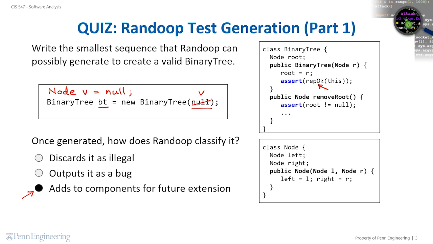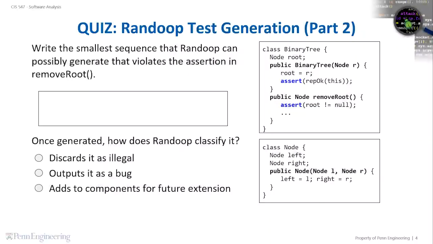The smallest such structure has a root node, both of whose children fields point to the same node. To generate this structure in Randoop, 3 method calls are necessary. One to create the child node, one to create the root node, and one to call the binary tree constructor that will fail the rep-OK assertion.